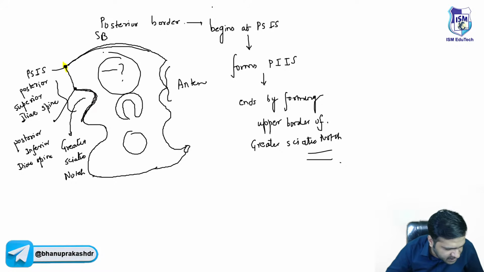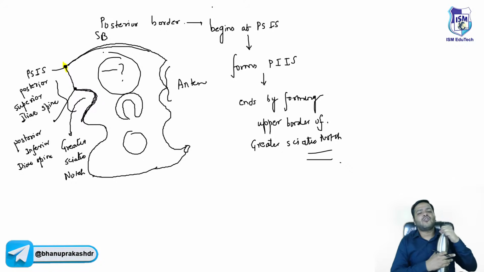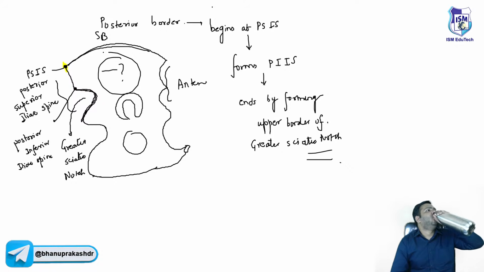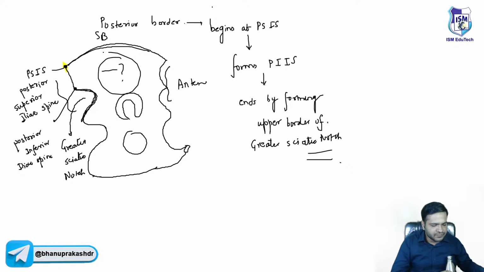I want the answer. Just apply your common sense and let me know why I cannot see the medial border in this. What's the reason? Yes, Priti, it is present medially.